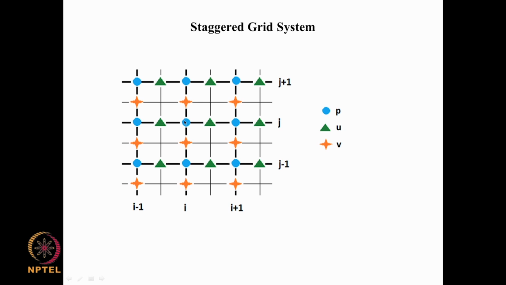And similarly, you had 10 here and 50 here and 50 here. Earlier, if you were evaluating the velocity at the same location, then you would get this as 50 minus 50 by 2 delta x, but you are evaluating the v velocity at this point here, and if you ask what is the dou p by dou y at this point, then the difference between the two neighboring points, that is 50 minus 10 divided by this delta y, will give you the pressure gradient here, and here it is 10 minus 50 divided by delta y.